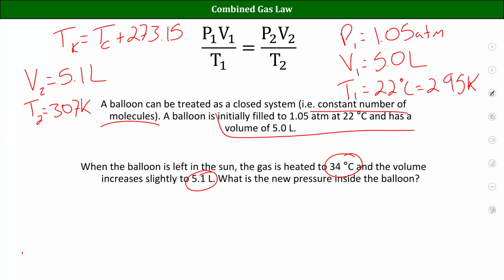Turns out it doesn't matter what the mass of the gas is, because temperature is proportional to kinetic energy, which has the mass factored in. So it doesn't actually matter what the mass or the molar mass or the total mass of the gas is. It just matters how many gas molecules are there.